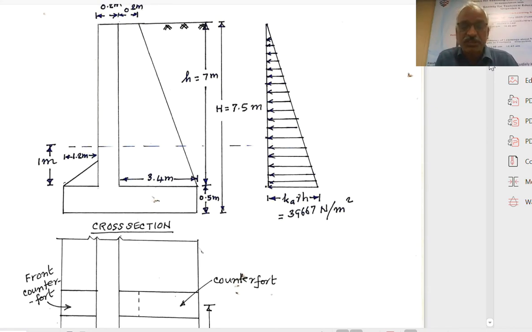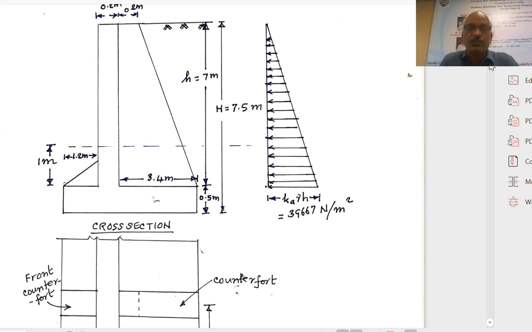The toe projection is 1.2 meter. There is a counterfort in the front side also. It is given that the retaining wall is supported by a front counterfort. When front counterforts are provided, we have to design the toe slab as a continuous slab subjected to net upward pressure.